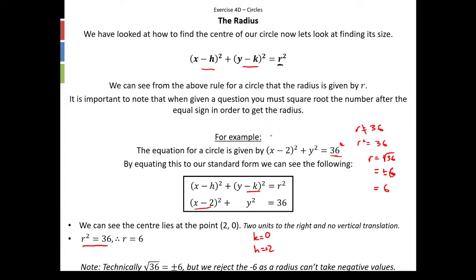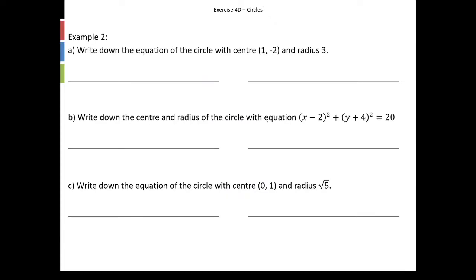Fine. So let's form some equations, or read off some equations, before we get into some full-on graphing. Write down the equation of the circle with the center (1, negative 2) and radius 3. So we have (x minus h) all squared plus (y minus k) all squared equals r squared.